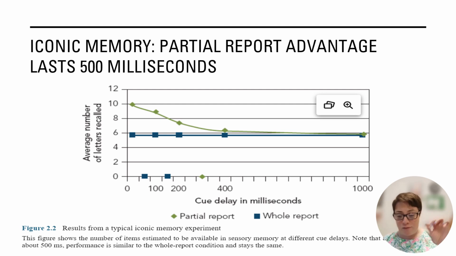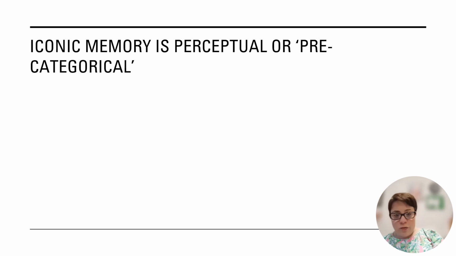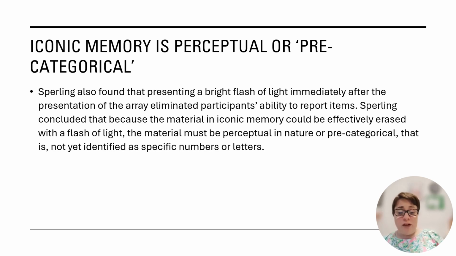So after 500 milliseconds, which is basically like a flicker, guys, it's like nothing, the entire image disappears. So Sperling also found that presenting a bright flash of light immediately after the presentation of the array eliminated participants' ability to report items.